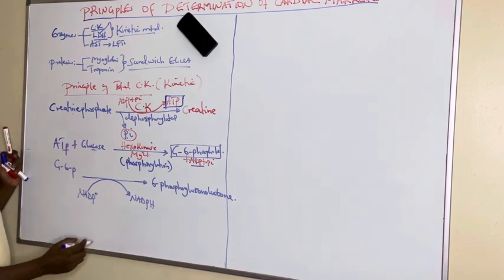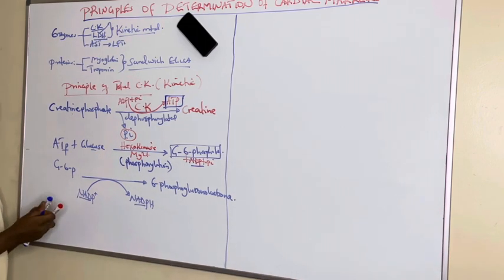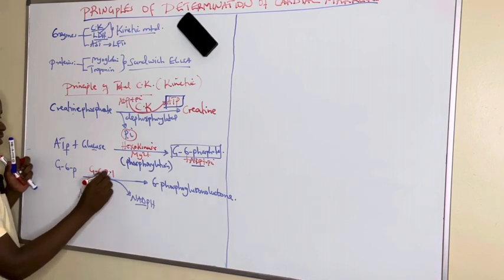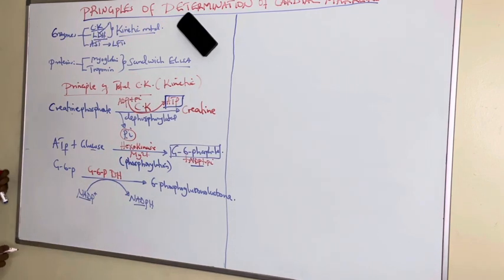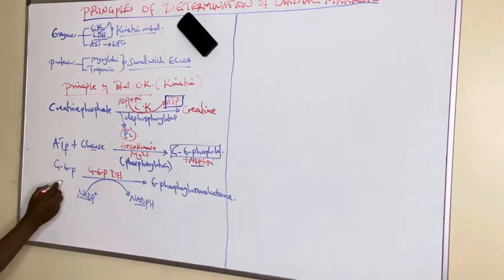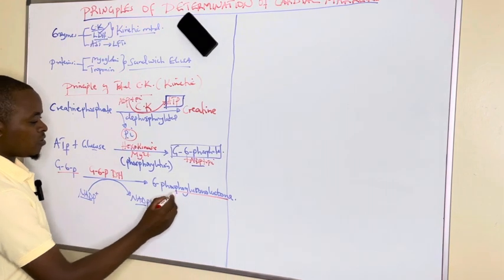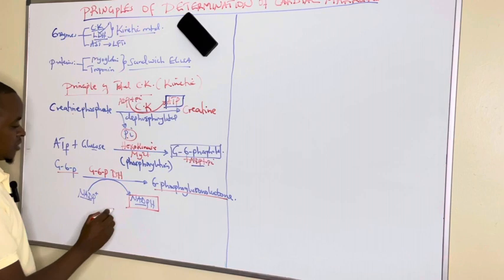Whenever I see the presence of an NAD coenzyme, I think of a dehydrogenase enzyme, and this dehydrogenase enzyme is glucose 6-phosphate dehydrogenase. So glucose 6-phosphate dehydrogenase is catalyzing the oxidation of glucose 6-phosphate to form 6-phosphogluconolactone with the concomitant production of NADPH.